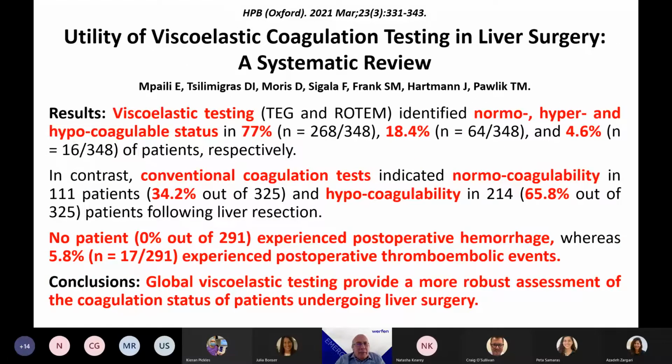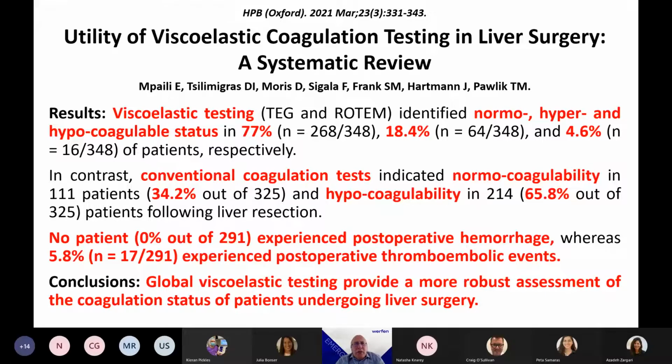And this is a study even from last year. So you see a lot of people are actually working in this field because it's still an unsolved problem. What they did in this systematic review was look at the predictive value, or even here, what the pattern which we see from standard coagulation tests or viscoelastic testing shows us in this patient population.